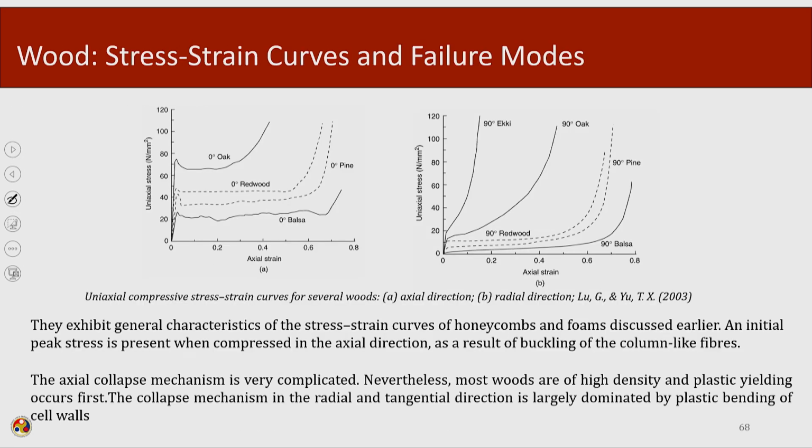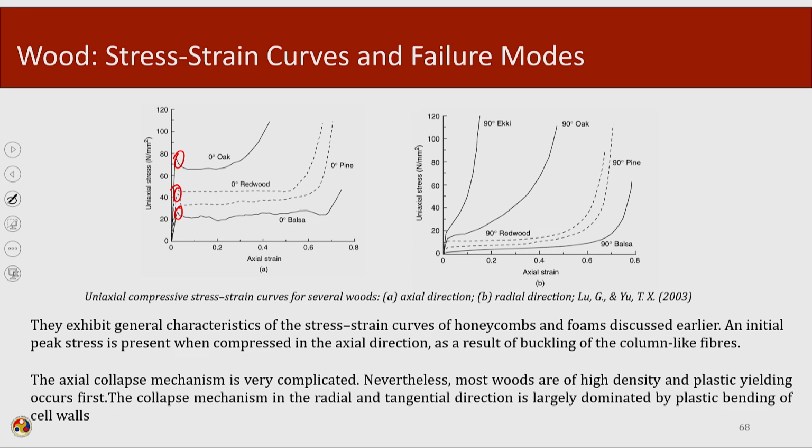This is the typical stress strain curve for wood. Wood exhibits general characteristics of a stress strain curve similar to honeycombs and foams as discussed earlier. An initial peak stress is present when compressed in the axial direction. The axial collapse mechanism is very complicated in the case of wood.